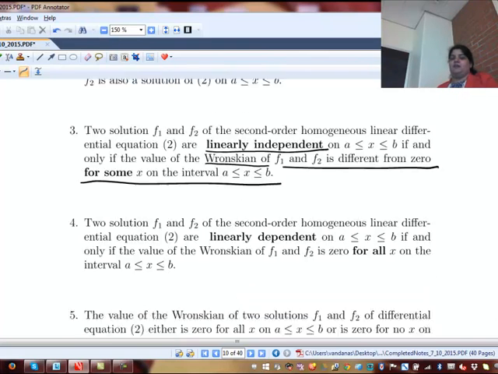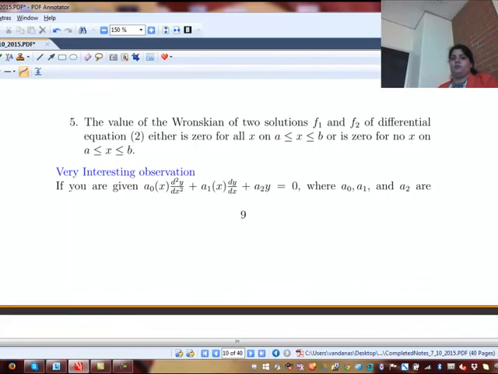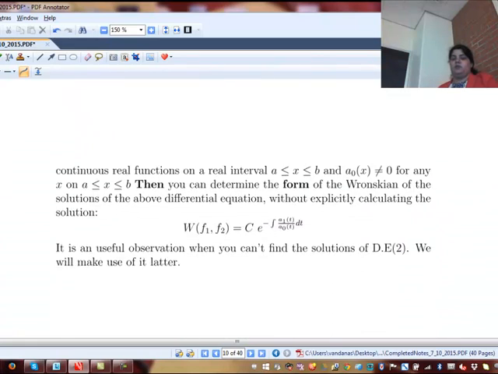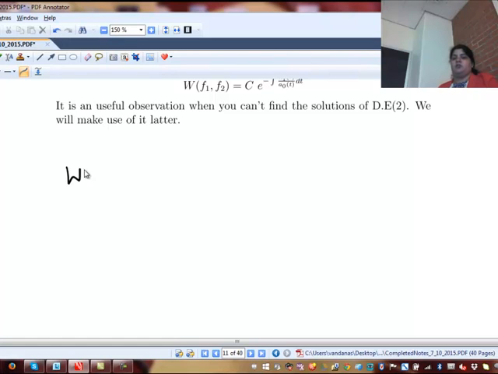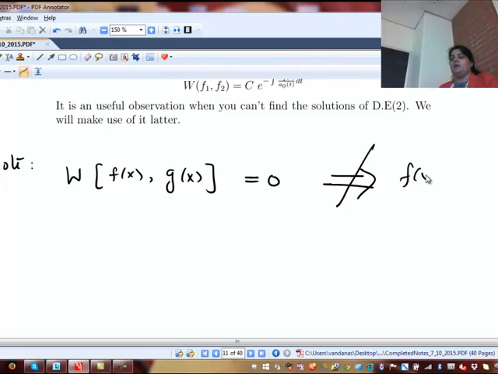Okay, so I'll write it down here. Wronskian of f(x) and g(x) equal to 0 does not imply f(x) and g(x) are linearly dependent.